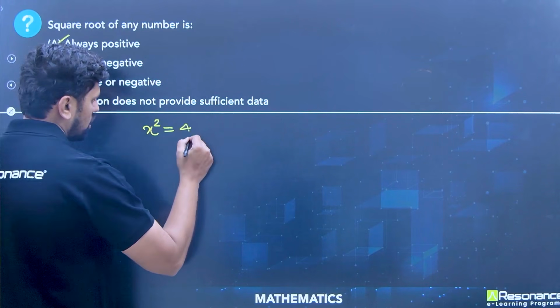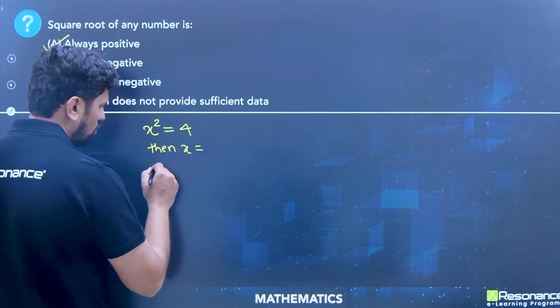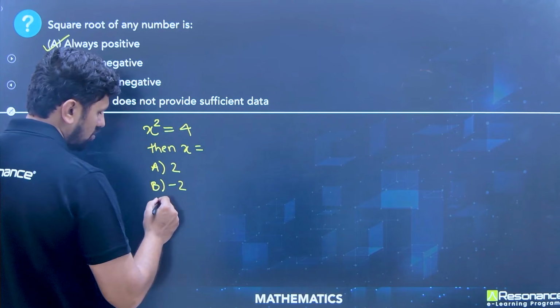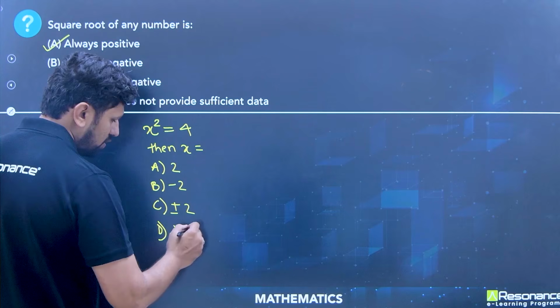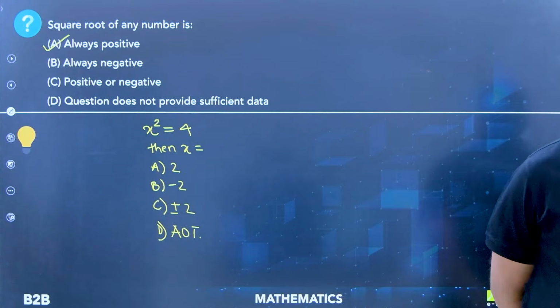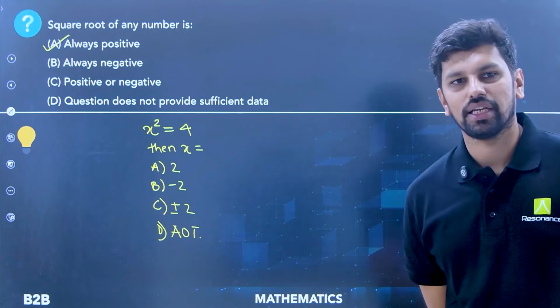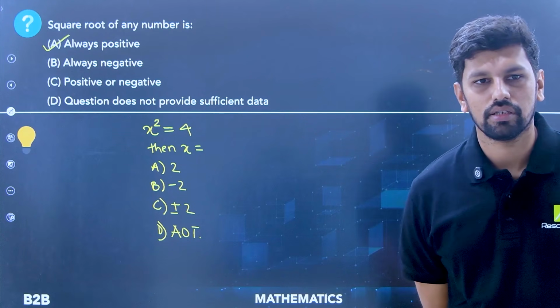X square equal to 4, then x equal to option A 2, option B minus 2, option C plus minus 2, option D all of these. Tell me. Option C, option A, option D. Okay.